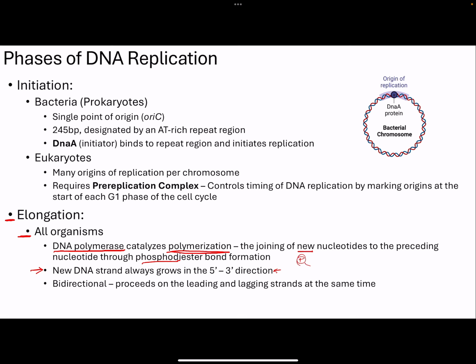So phosphate to your sugar. The 3' end has that OH group, which is going to receive new nucleotides at this location. And elongation, DNA replication in general, is bidirectional, which means that it proceeds on both template strands of the double helix at the same time.